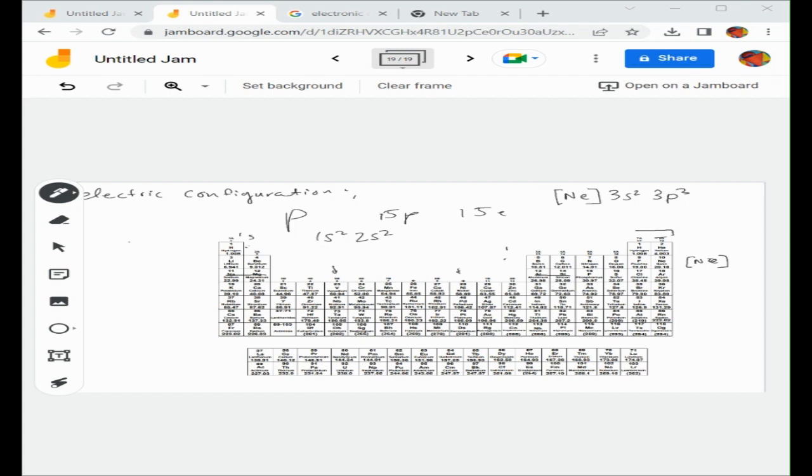This question is toxic. It looks like it's requiring me to write the full electron configuration, which sucks. I'll be honest, it does suck.